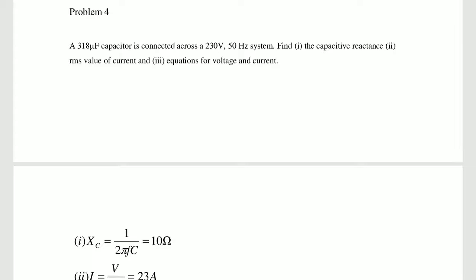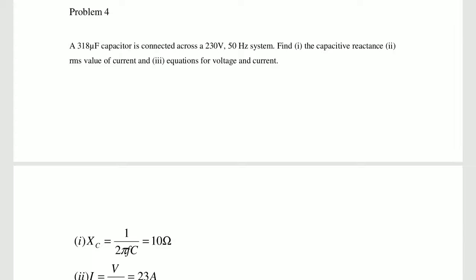The formula is 1 by 2 pi fC, where f is frequency and C is the capacitor value.